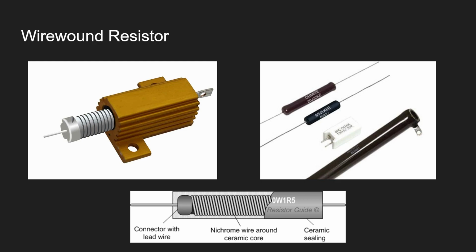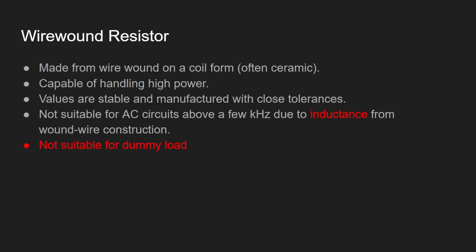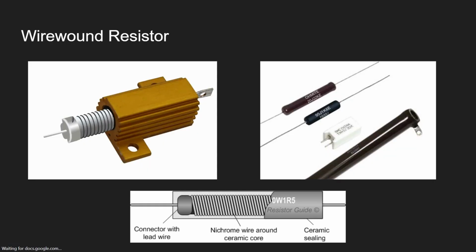Wire wound resistors are very important. You can see that there is a metal wire wrapped around a core. We will talk about more details in the coming lessons. If current flows through the wire, we will have an induced magnetic field, and we have induced current through it.